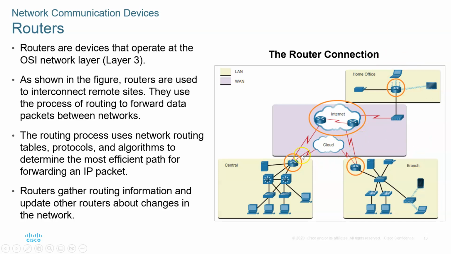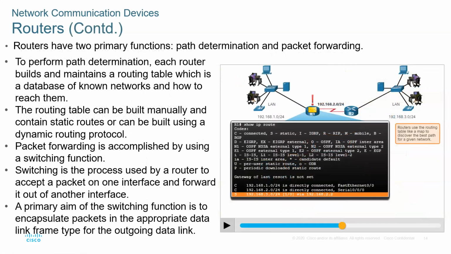So let's say you send your data to your default gateway. Your default gateway looks at the destination IP address and passes it to this router. This router passes it to multiple routers within the internet, and ultimately it gets to this router and then into your LAN. That's the main responsibility of the router.